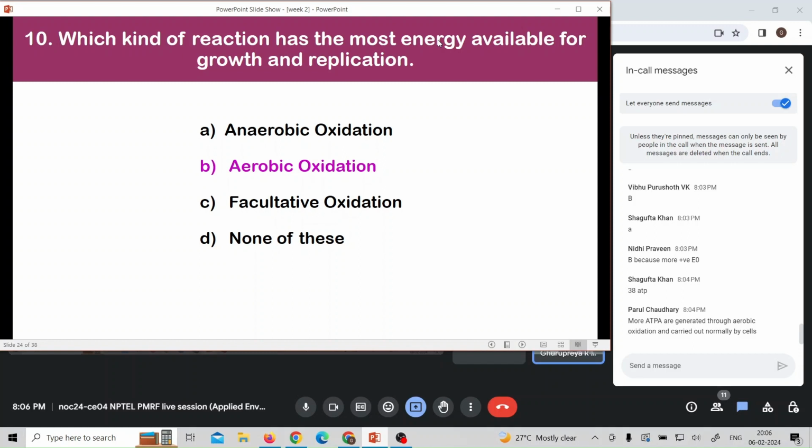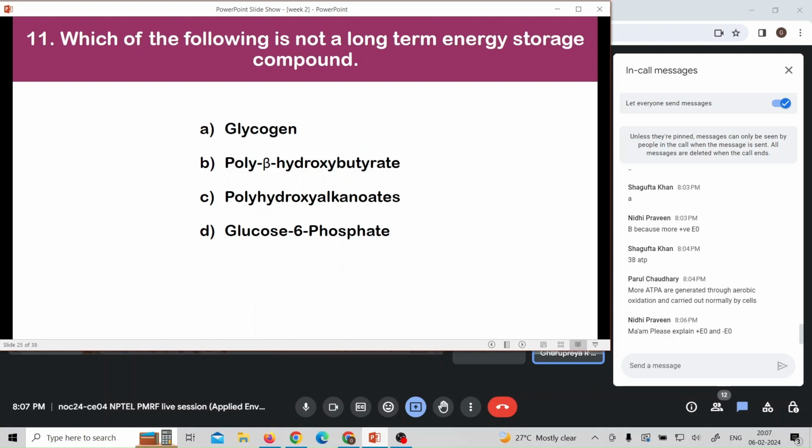Here is the next question for you. Nidhi Praveen, can you unmute and ask your question so that it'll be clear?